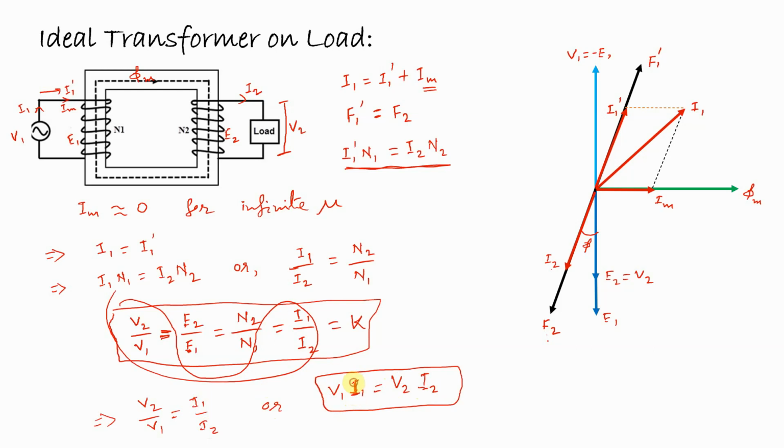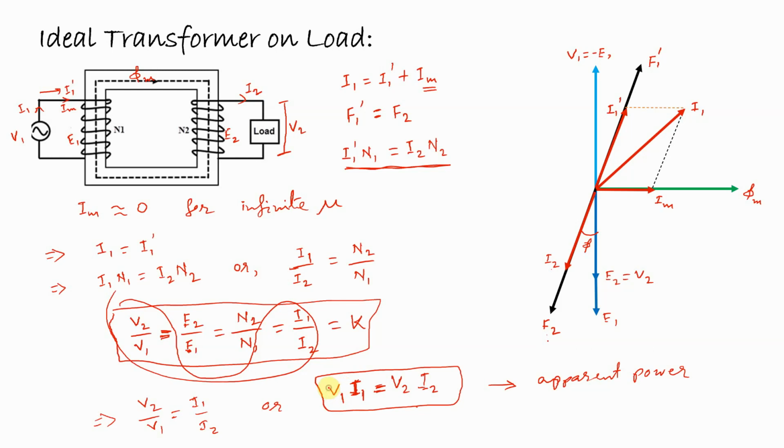So this is the relation of the voltage and current in primary as well as in secondary side of a transformer. This relation states that the apparent power in primary as well as in secondary are same. So for a transformer, the apparent power of primary and secondary is same.